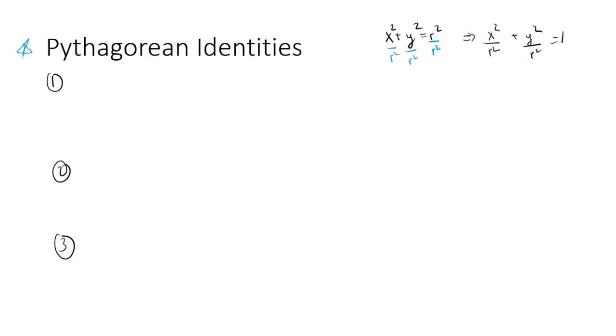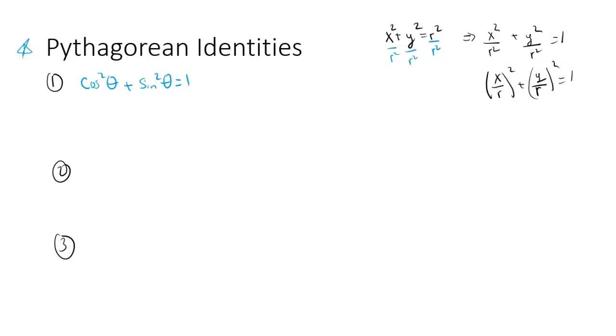Now, when I have 2 exponents, using my exponent rules, I could pull the exponents out, and I can see it like that, and again, it's still equal to 1. So notice that we've seen x over r before, we've seen y over r. These are part of your trig, and this value gives you cosine squared of theta plus sine squared of theta, and we can set that equal to 1.